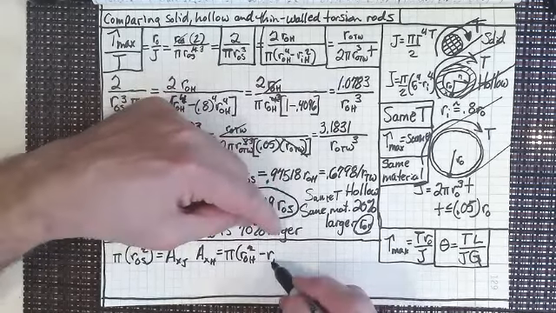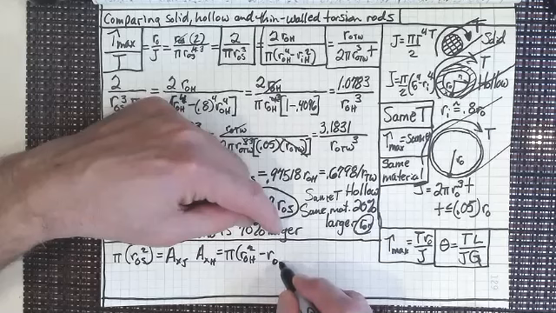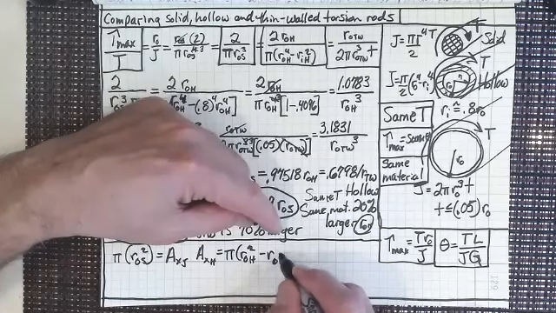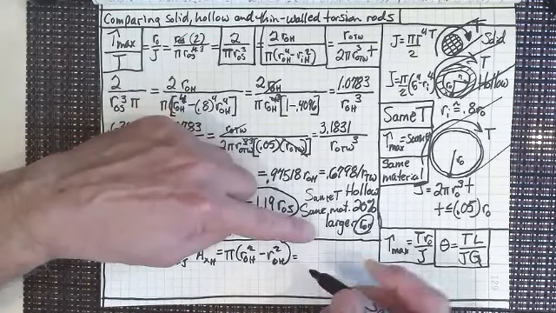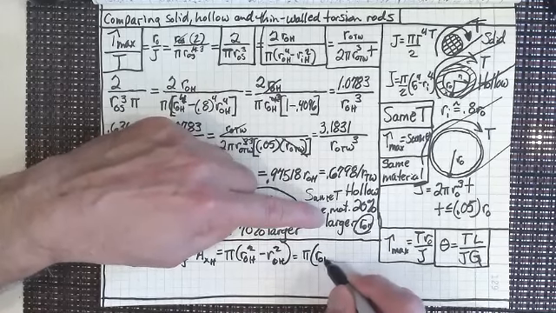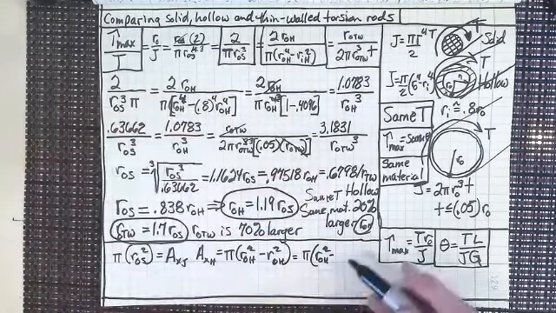Well, actually, why don't we make it r inner of the hollow squared, and I'll write the next thing too, so everybody sees what I'm doing. Pi times R outer of the hollow squared minus, we know that it's 0.8, right?